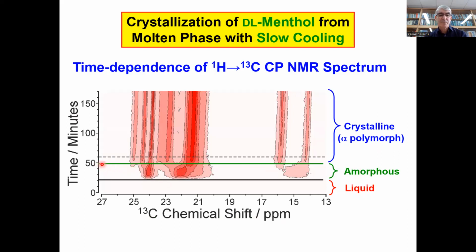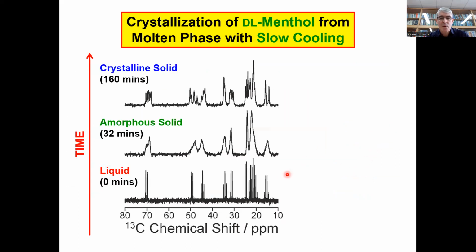And then at about 50 minutes, we see the production of a crystalline phase. The broad line amorphous phase suddenly changes to much sharper lines, characteristic of a crystalline phase. Here, just to look in more detail at some individual spectra: here the liquid phase, here the amorphous solid phase, and here the ultimate crystalline phase.